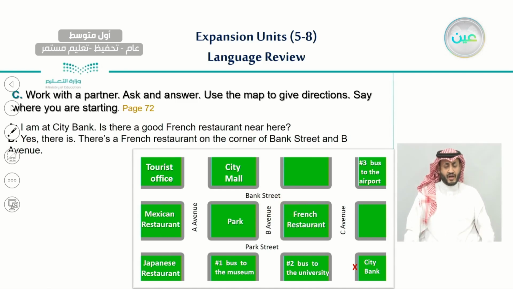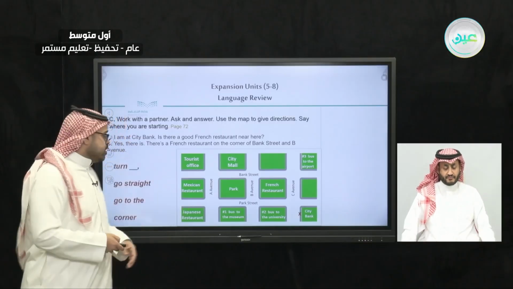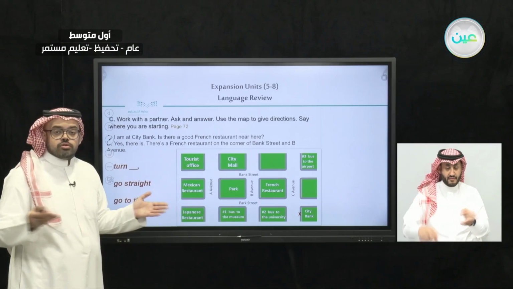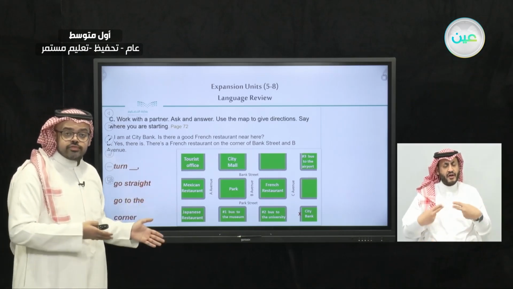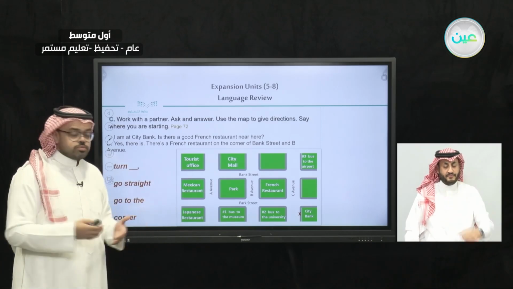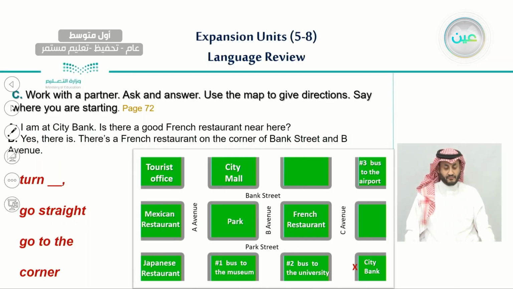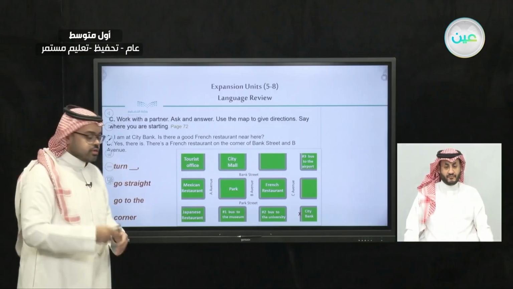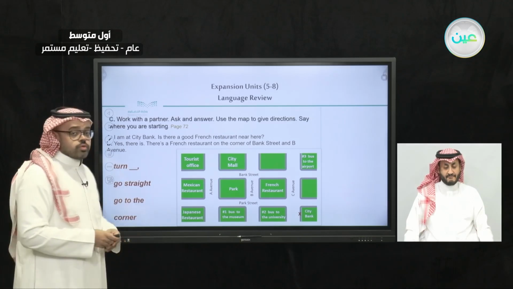You can also do the same, and you can also use other vocabulary, for example the word turn. You can say turn right, turn left, based on where you want him to go. Also you can use the words go straight. Go straight, not right, not left, but straight. And also go to the corner.